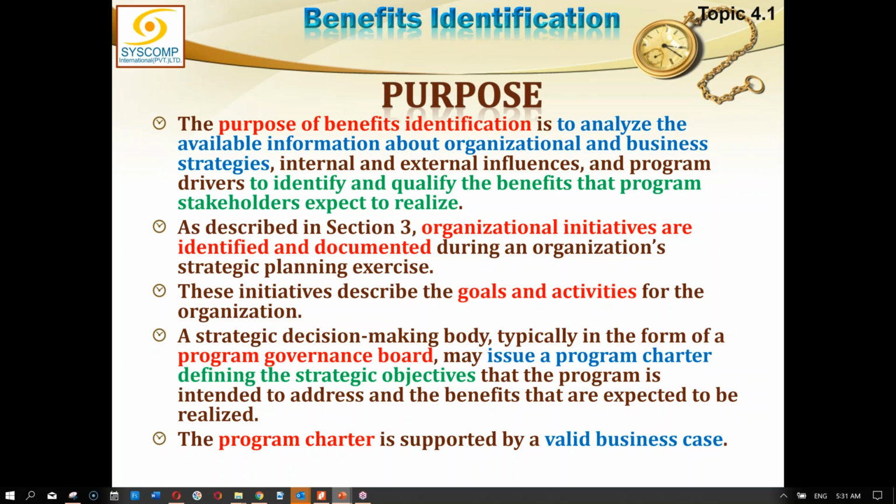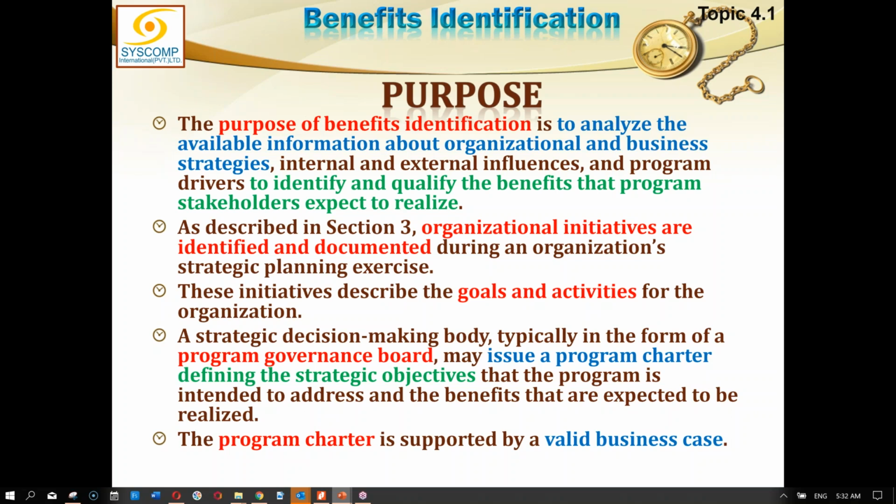So basically, program charter defines that. It provides the authorization. But having said that, if there is some confusion about the program governance board, or such body does not exist or does not formally exist, then ultimate responsibility falls on the shoulders of the program sponsor. So then program sponsor is a person who will author the program charter.